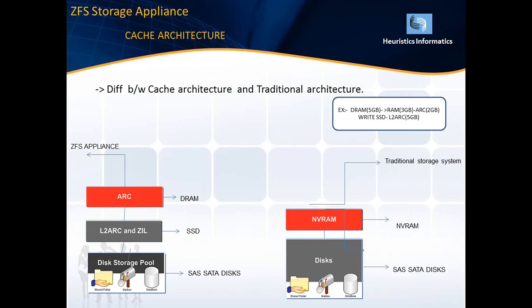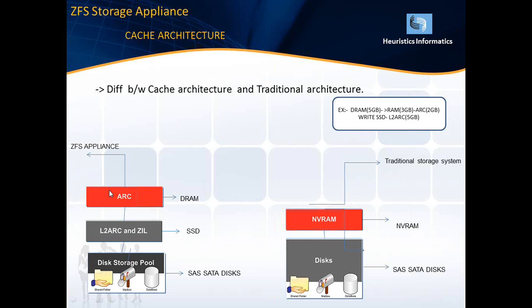This is standard. If you see the difference between the standalone and the traditional architecture for the ZFS appliance, we have the ARC, L2 ARC, and the disk storage pool, whereas the traditional storage system has NVRAM and the disk. In the ZFS appliance, whatever data I am storing in the RAM comes under the ARC, the adaptive replacement cache.